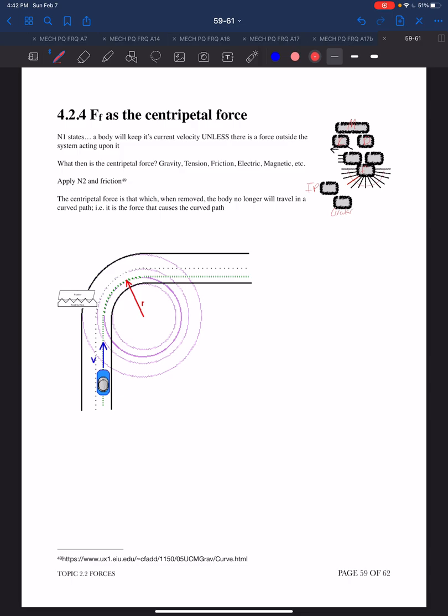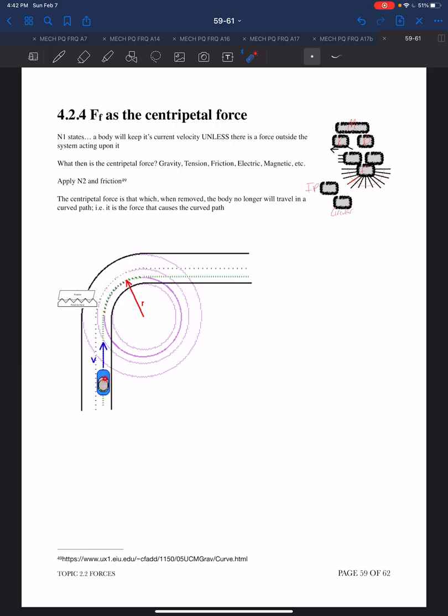of a car going around a turn, for example, Newton's first law states that a body will keep its current velocity unless there is a force outside the system acting upon it. So this car traveling down the road in this direction wants to keep moving in a straight line. And it doesn't. It follows this curve as if there were a circle here, a part of this circle, in this case about a quarter of a circle.